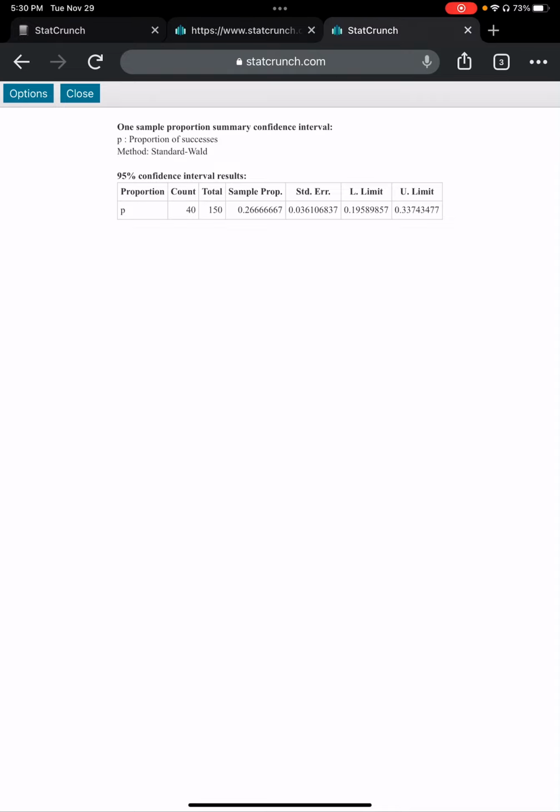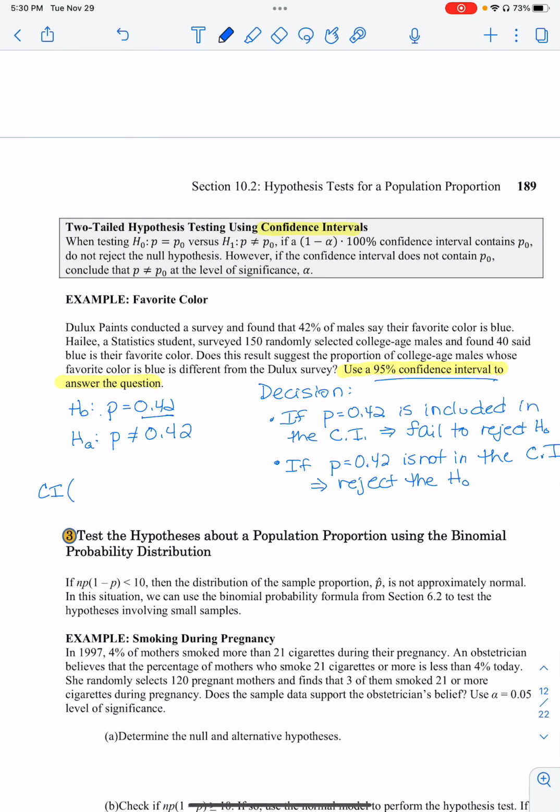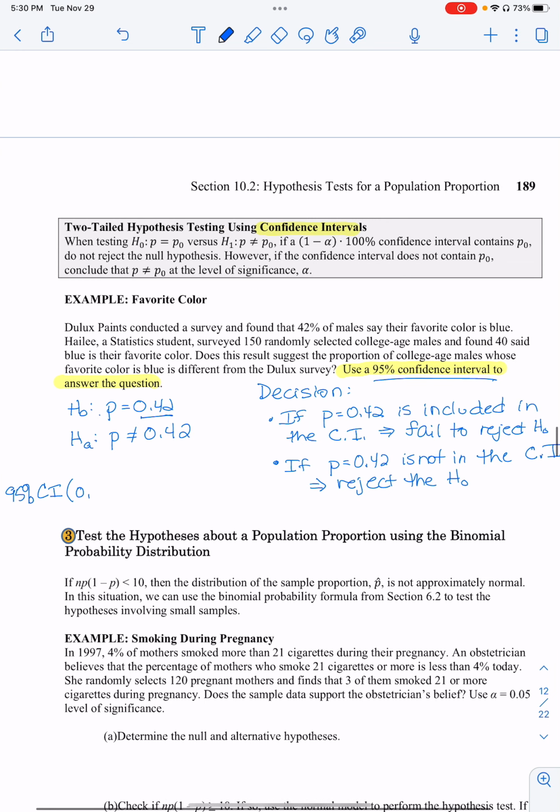So if I go back over to where we were, here my 95% confidence interval was 0.1959 to 0.3374. And what you note is 0.42 is not in this. If I looked at it on a number line, right? So 0.42 is not in this.